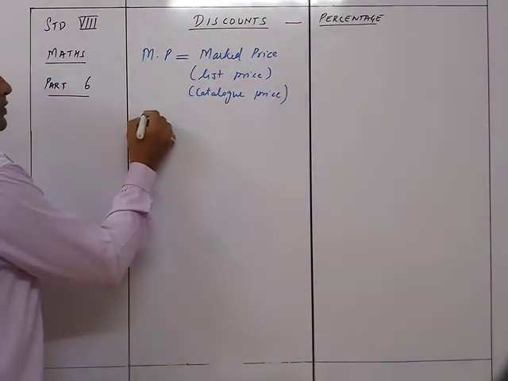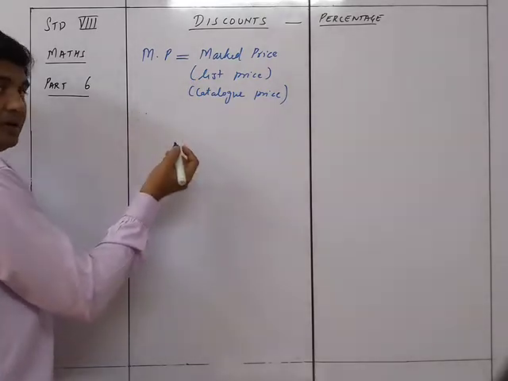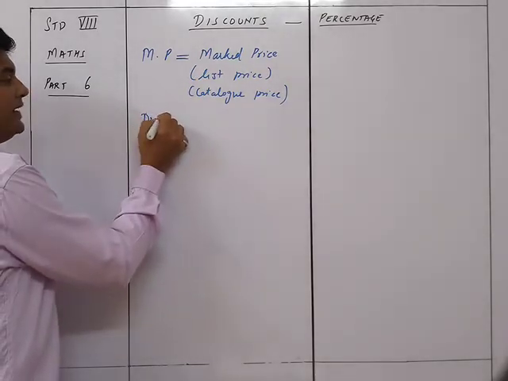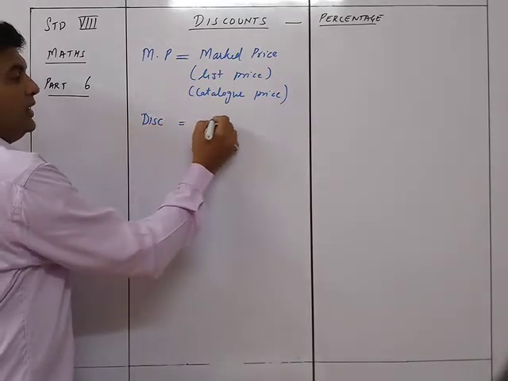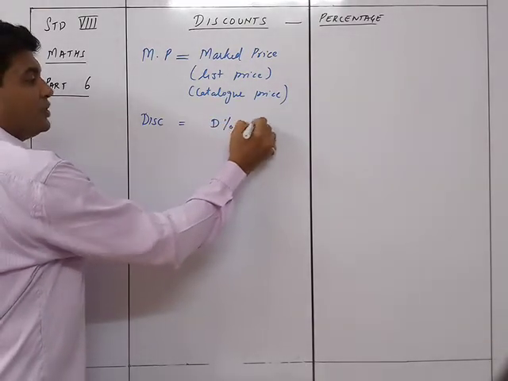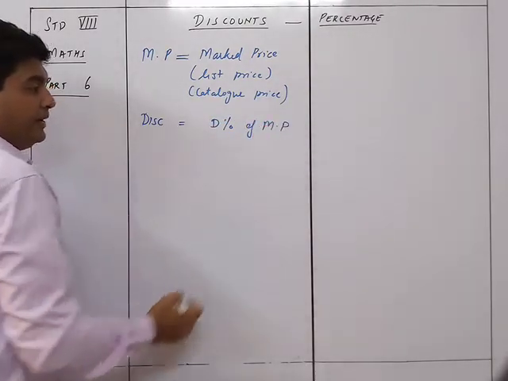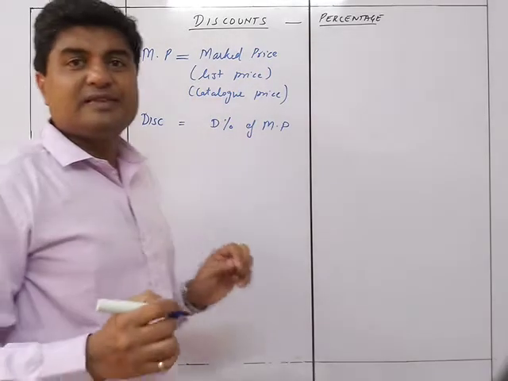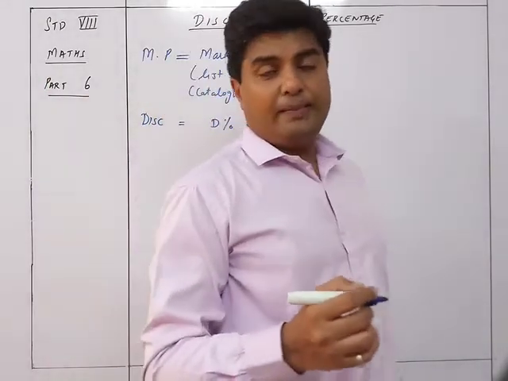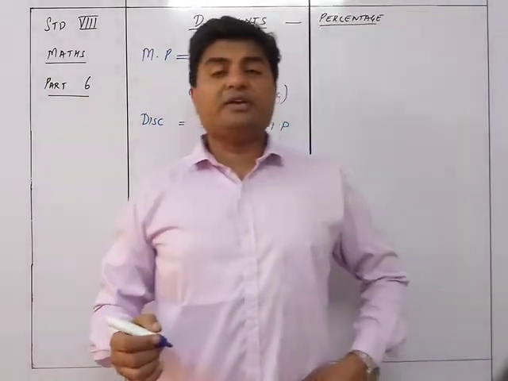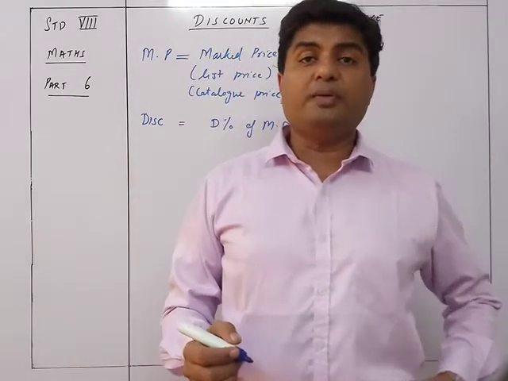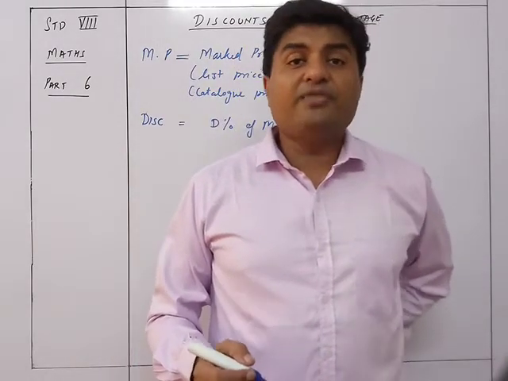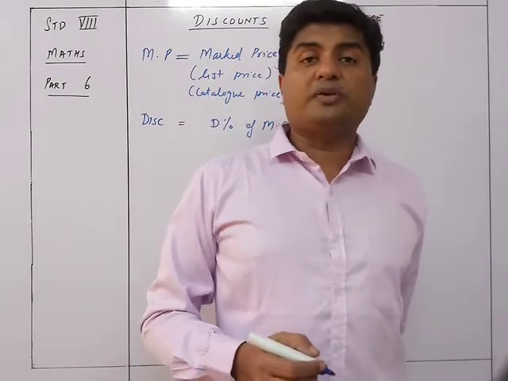So when you calculate the discount, discount is equal to discount percentage of MP. What is the discount? The discount is discount percent of MP. That is, if I say 10% discount, that means 10% of the mark price is the discount. If I say 20% discount, it is 20% of the mark price.